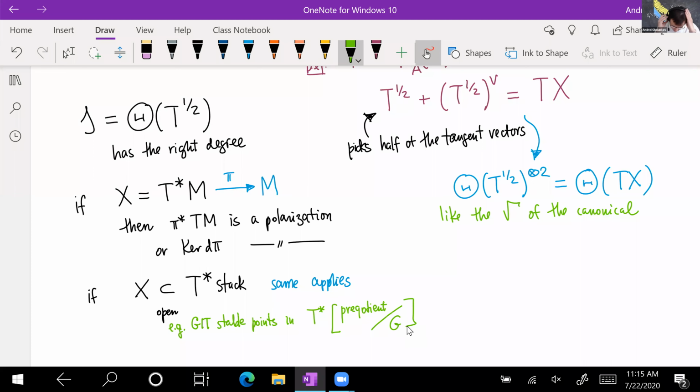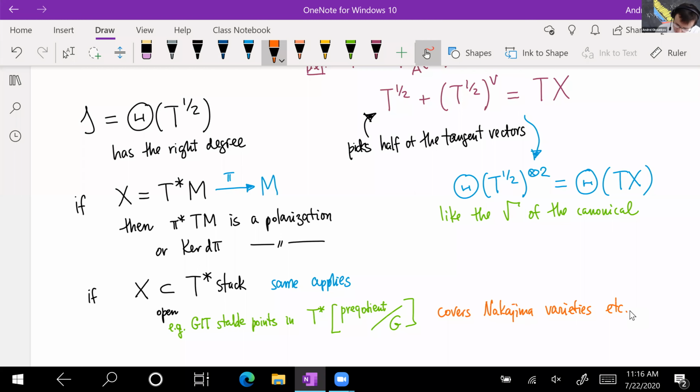So this is the case for all, and this covers Nakajima quiver varieties. Most varieties we're going to come across in our world will have not just a polarization but a natural polarization.